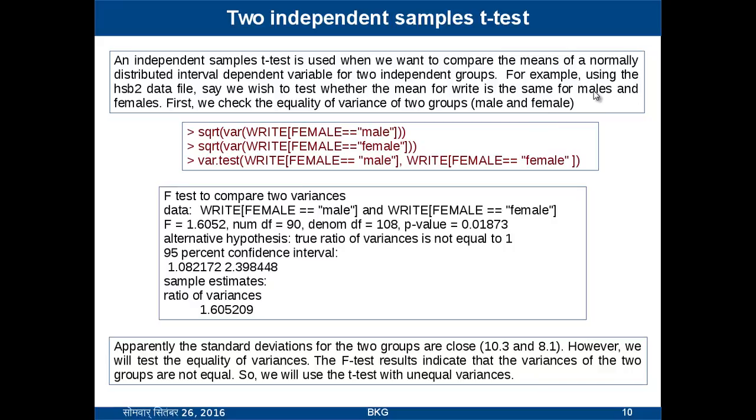Now, in the two-sample independent t-test, we need to check the equality of the variance of the two groups. The test will be different depending on whether the variances of the two groups are equal or not. Let us first check the variance of the two groups.